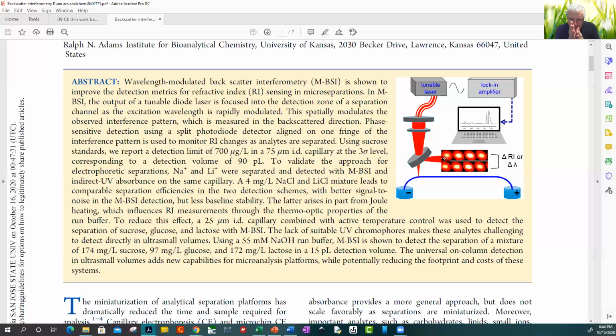If you put that image onto a split photodiode just right, then you can see the refractive index translate into relative intensities on either side. And then that is what you plot up on your computer. And that gives you your electropherogram, rather.